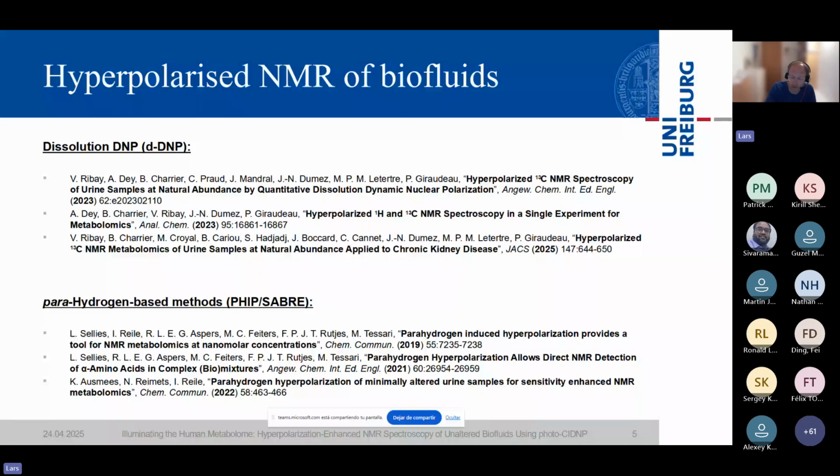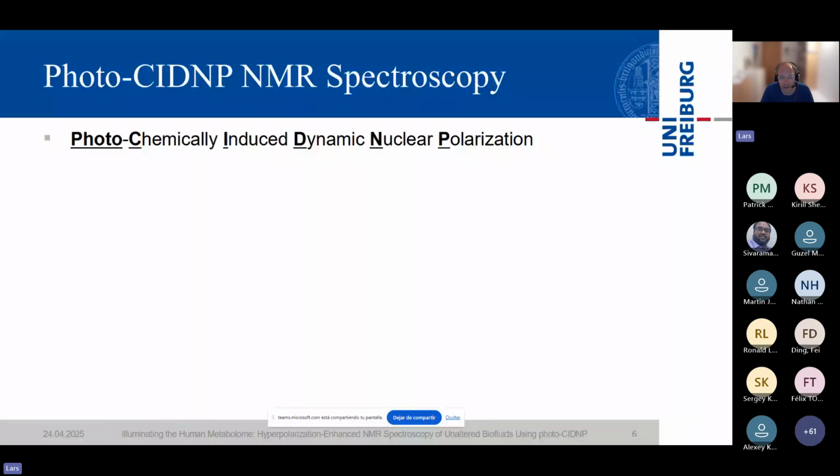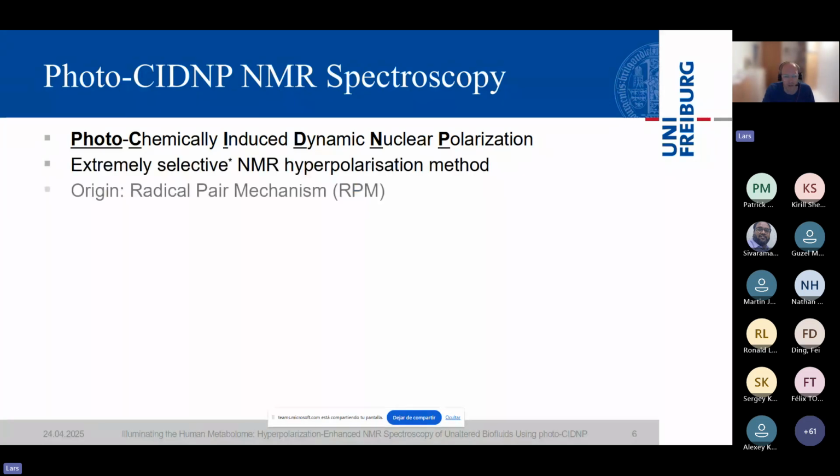I mean, most of you, I guess, are familiar with the photo-CIDNP method. Unfortunately, I do not have the time today to go into the intricacies of it. But for those of you who are not too familiar with this method, let me just quickly tell you that as of relatively recently, photo-CIDNP was a relatively selective NMR hyperpolarization method, at least as far as small biologically relevant molecules were concerned.